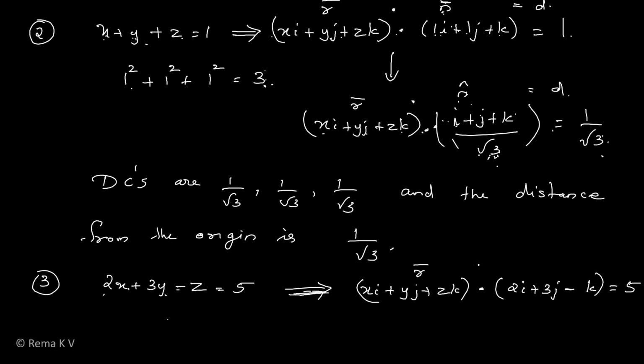r dot. Now you have to identify whether this is a vector n or n cap. To identify it, you have to find the magnitude. What is the magnitude of this vector?